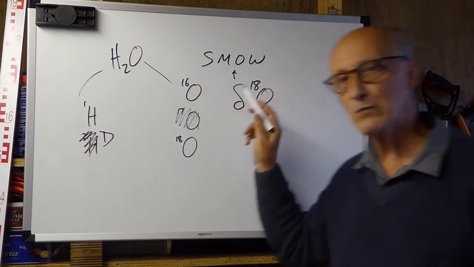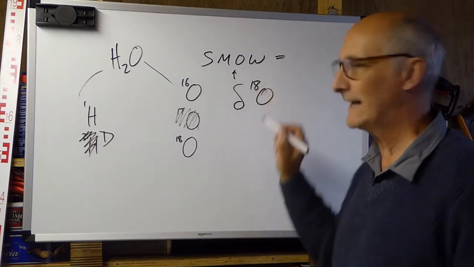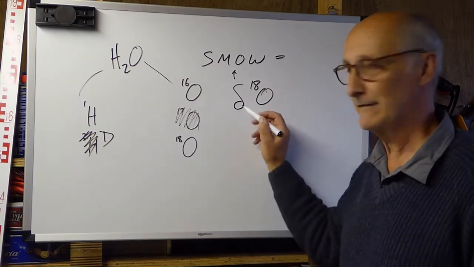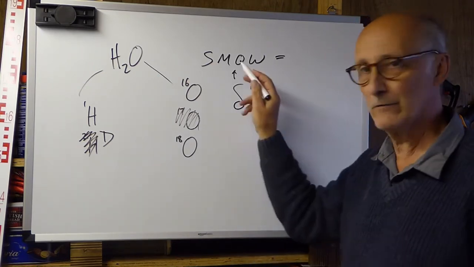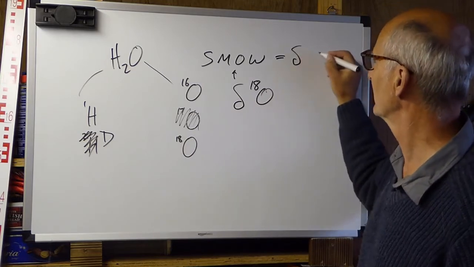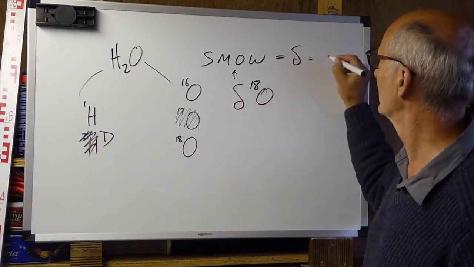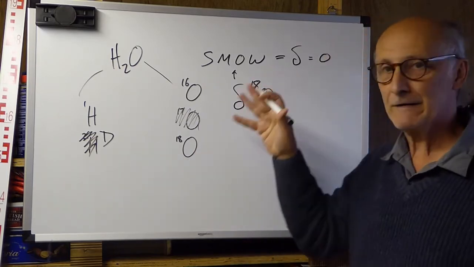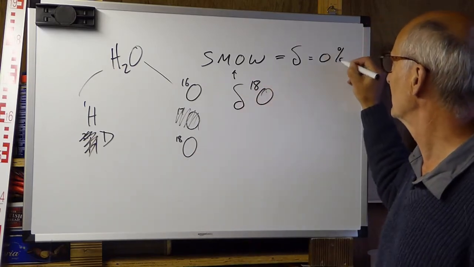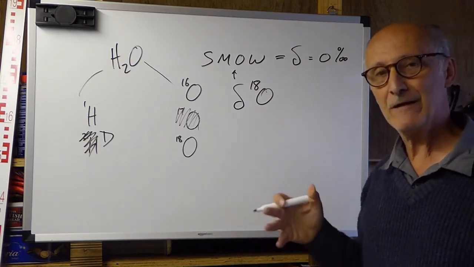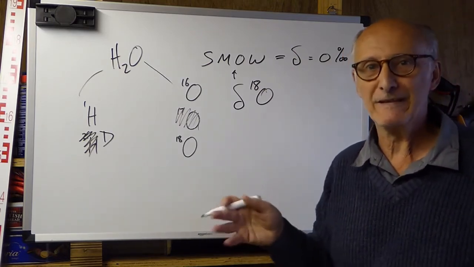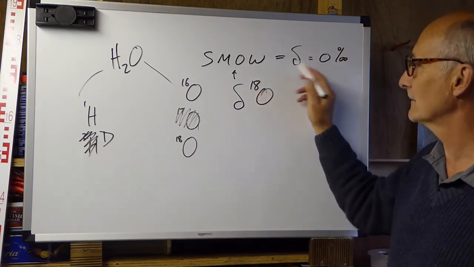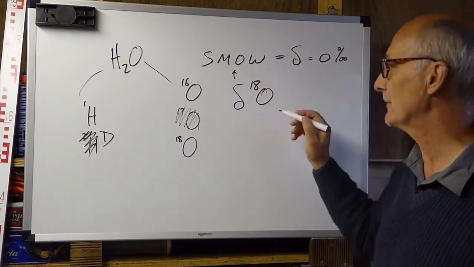So standard mean ocean water itself would have a delta oxygen 18 value of, you can maybe work it out, since delta is difference from SMOW, and we're talking about SMOW, there is no difference because SMOW is SMOW. If there is a difference, it will be measured in parts per thousand, per mil. It's just like percentage, but instead of being per 100, it's per 1,000. So the delta oxygen 18 value would be 0.